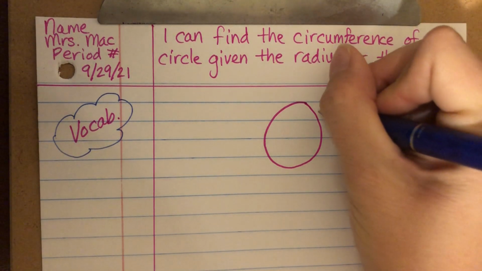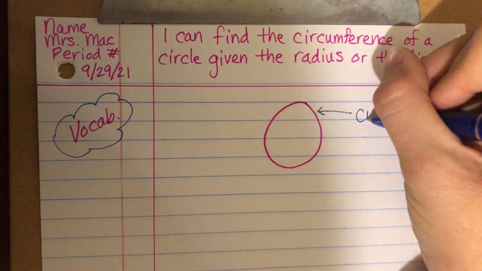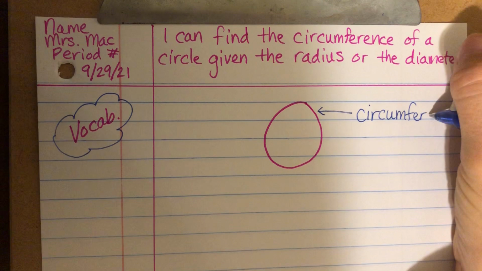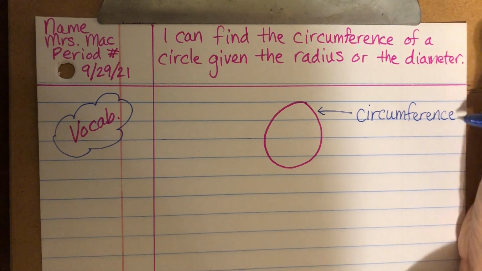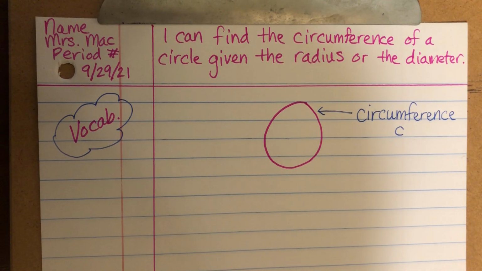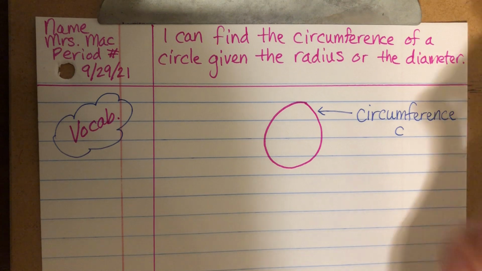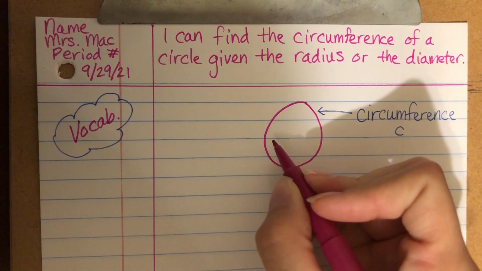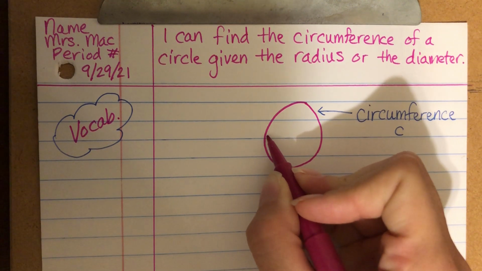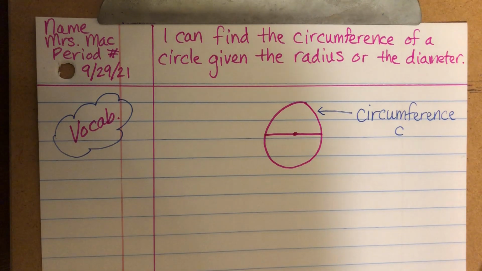Okay, we already talked about how the circumference is the distance around that circle. And we use the letter C in our equations for a circle. And then the distance across the circle from one edge to the other through the middle is your diameter.